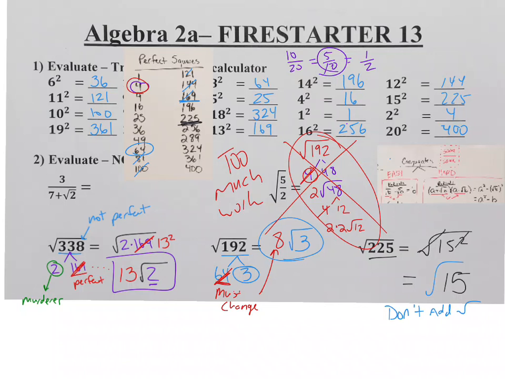The radical is gone. Because 225 is perfect and he changed, he doesn't get to stay in jail. Now, one thing we will talk about a little bit later is because 15 squared equals 225, and at the same time, negative 15 squared equals 225. This could be plus or minus, and we'll talk a lot more about that next week.